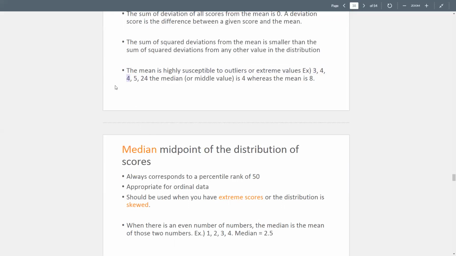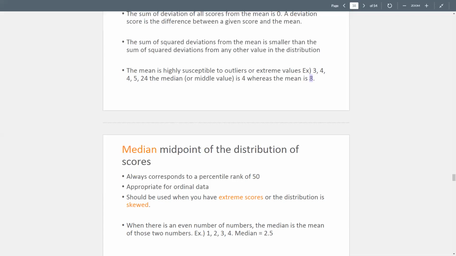So the 50th percentile here, the middle number, the midpoint of the distribution would be 4, whereas the mean of this distribution is 8. If we look at the vast majority of numbers in this distribution, most of them are more similar to 4 than they are to 8. Which number best represents this distribution? I would probably argue it's the median versus the mean. The mean gets pulled in the direction of the skew.